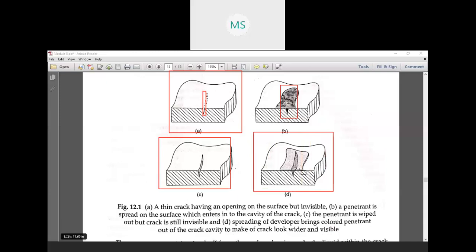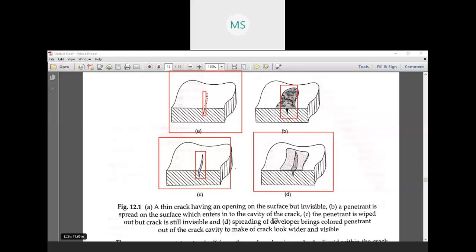Developer, as the name suggests, makes whatever little ink or penetrant has gone inside the crack develop or react and come back nicely onto the surface.